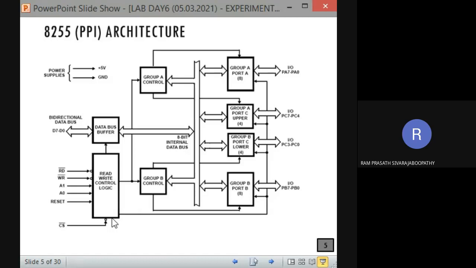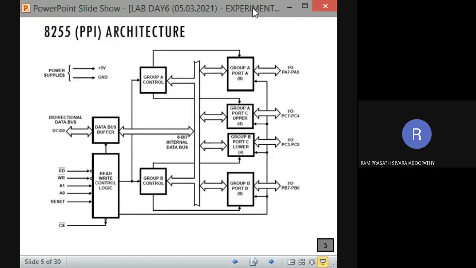We have to design some logic circuit so that it can generate the output as 0 only for this combination. What does it mean? 80 is the starting address of this 8255. The 8255 chip select happens whenever the first 6 bits are 100000. For any other pattern, this 8255 will not get selected. Is it clear?